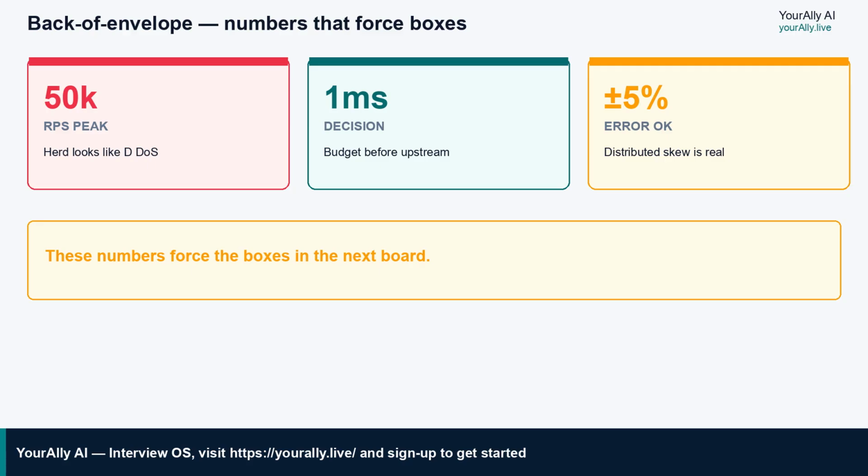It is about where each millisecond goes and how much unfairness you accept for speed. If your check needs 2 network hops and a JSON round trip, you already blew the budget. Those numbers force layered checks and an atomic bucket update, not a casual INCR in application code after the heavy lifting. Next board, the HLD those constraints demand.